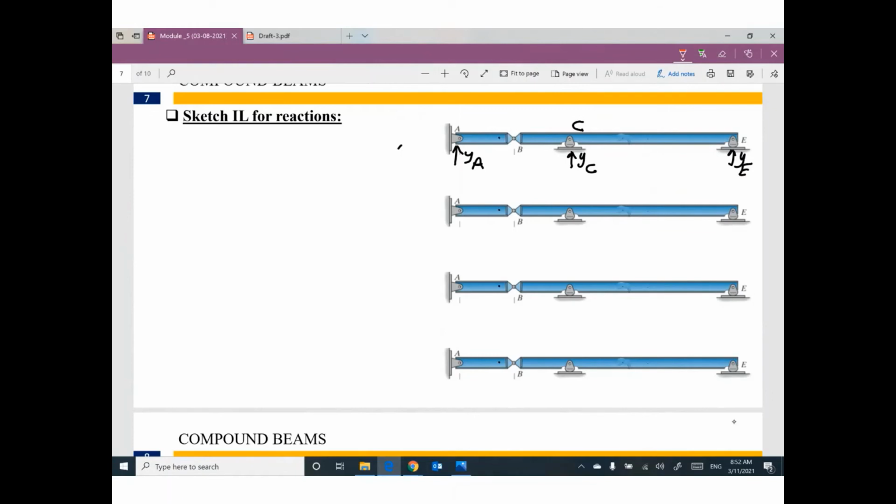If I would like to draw influence line for YA, influence line for YC, influence line for YE, we have a technique: move, keep, resulting deflected shape will be the influence line.